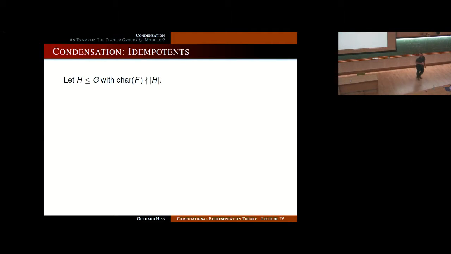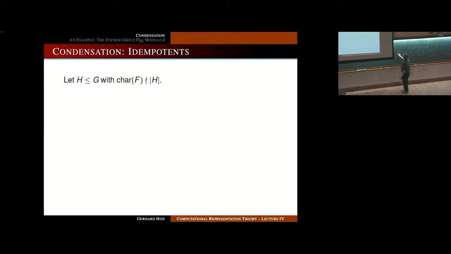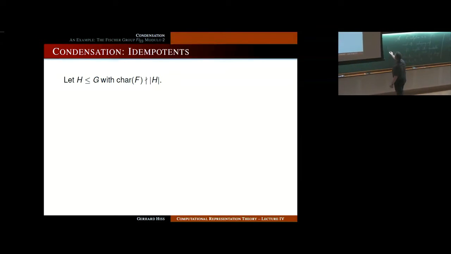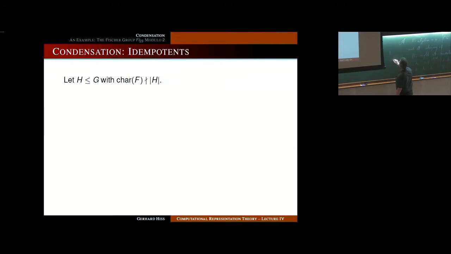This doesn't work well, but if you have an involution, say, an element of order 2, and the field is of odd characteristic, you can look at, so the involution maybe is tau, if you look at 1 plus tau and multiply it with itself in the group algebra, what you get is 1 plus 2 tau plus 1.